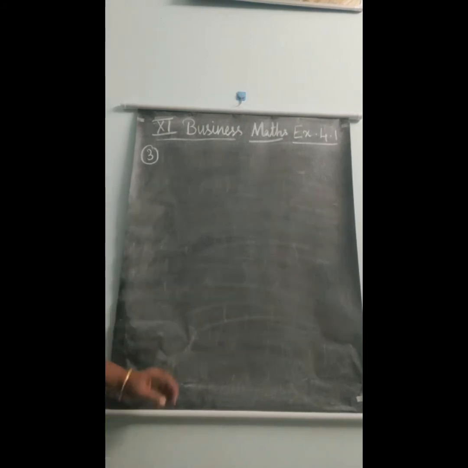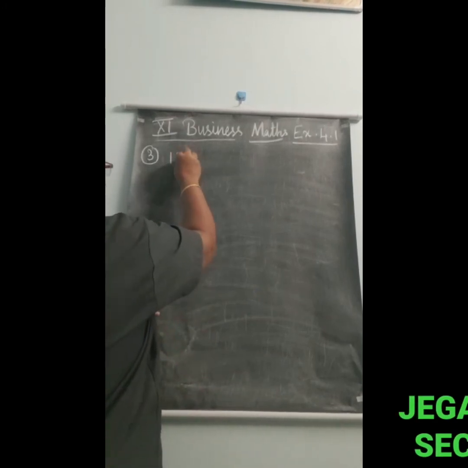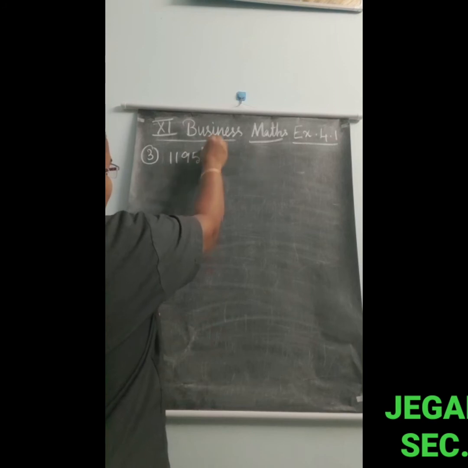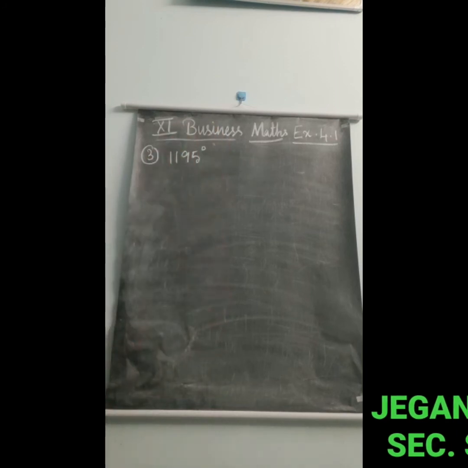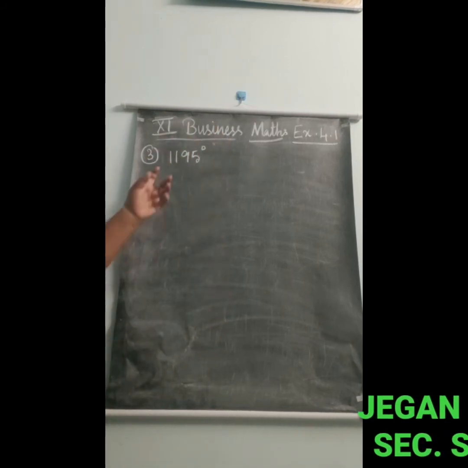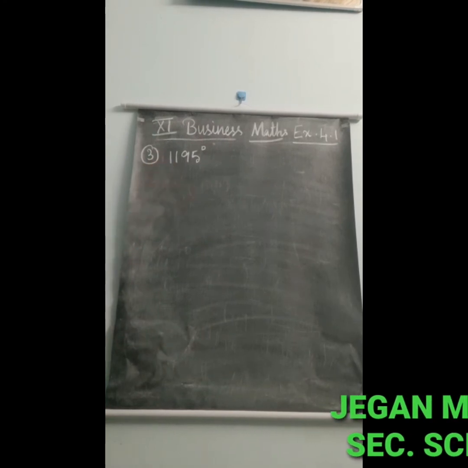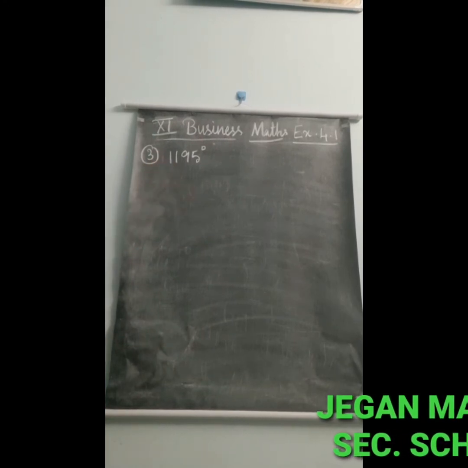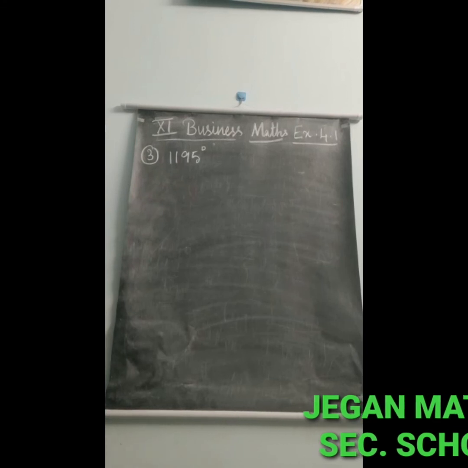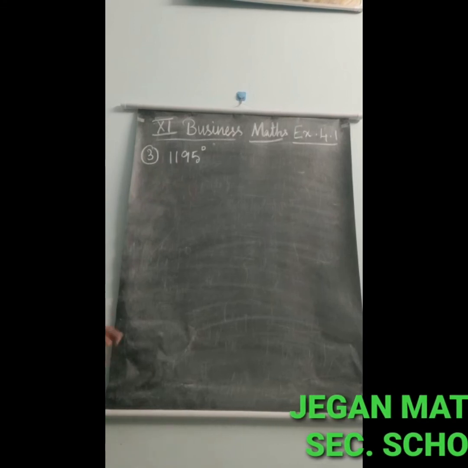The third one is 1195 degree. This is above 360, so we will take 360 into 3.